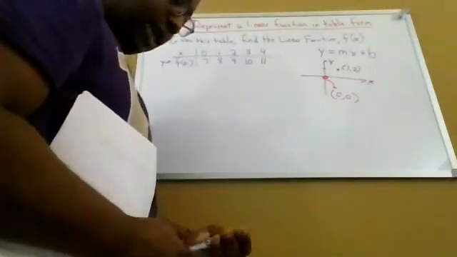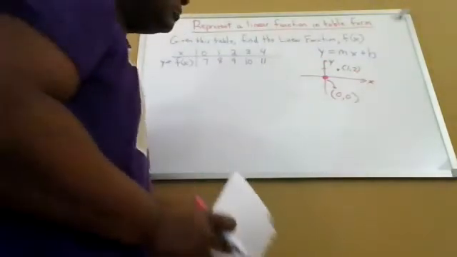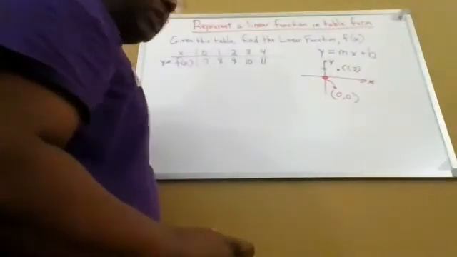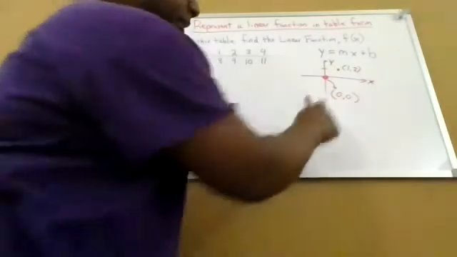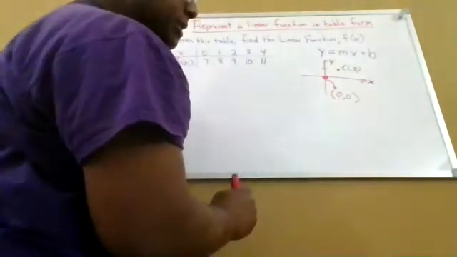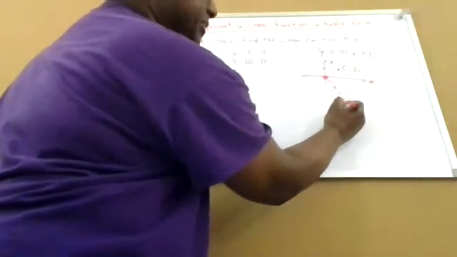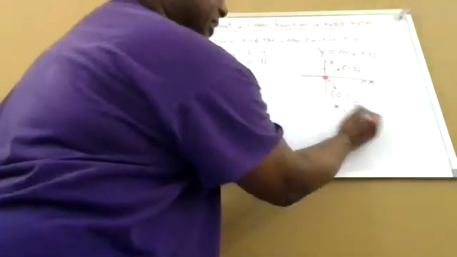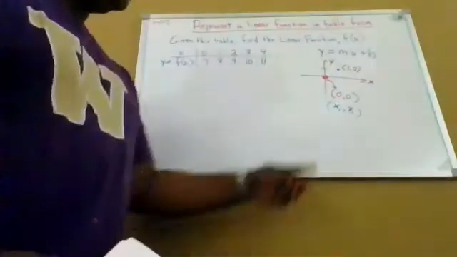But there's a way to write this x and y coordinate pair, and we can do it this way. If this is our first point, I can write this as x1, comma, y1.